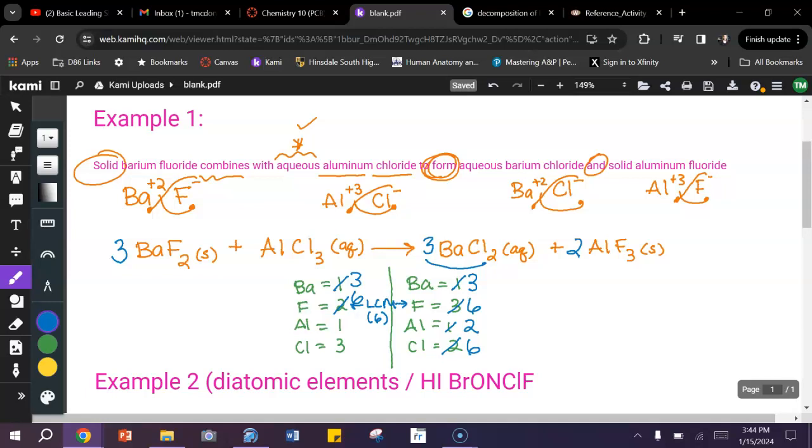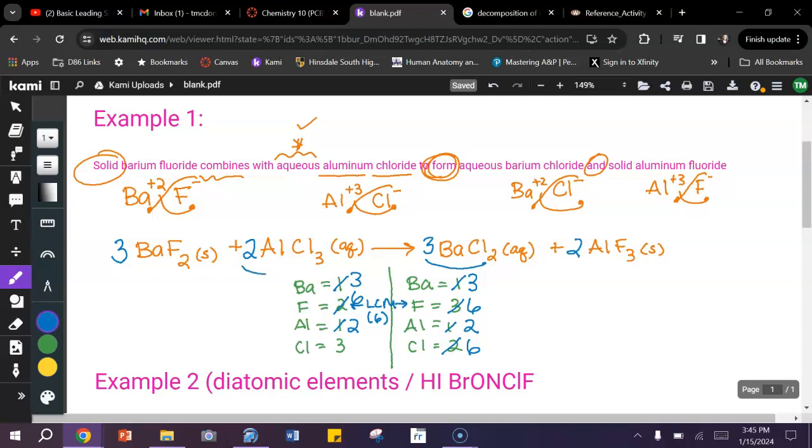Great. So now my bariums are good, my fluorines are good, but now let's look at my aluminums. I've only got 1 aluminum on the reactant side while I have 2 on the product side. So I am going to add a coefficient to the front of the compound that has aluminum, and that 2 is going to distribute, giving me 2 aluminums on the reactant side.